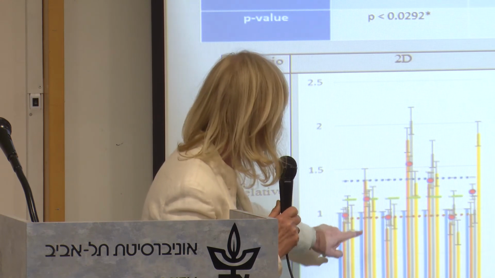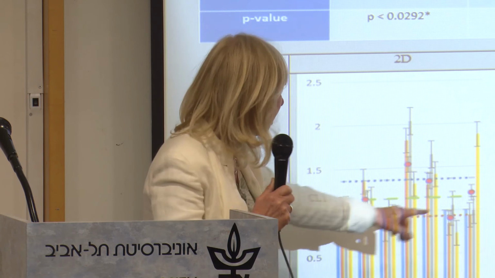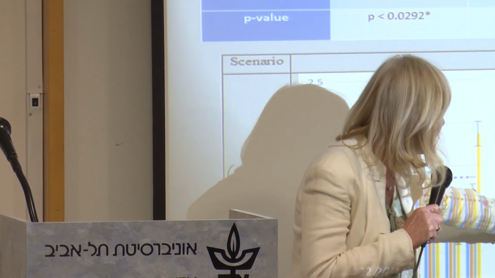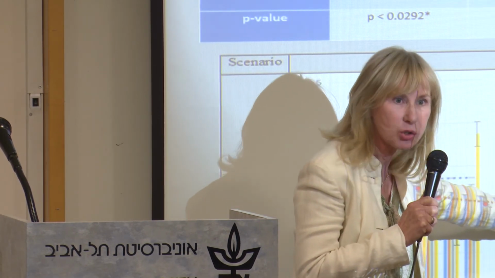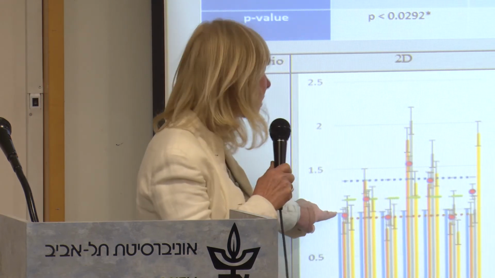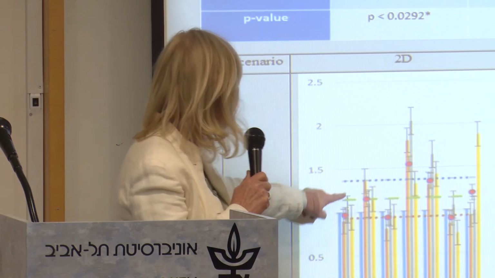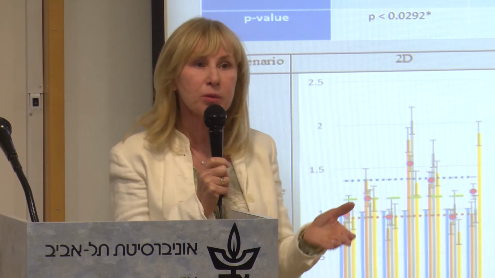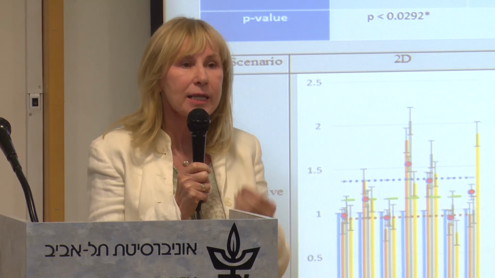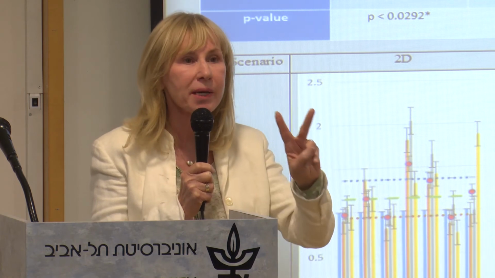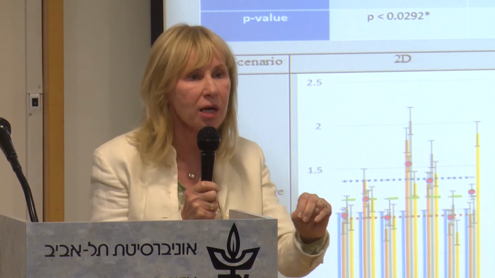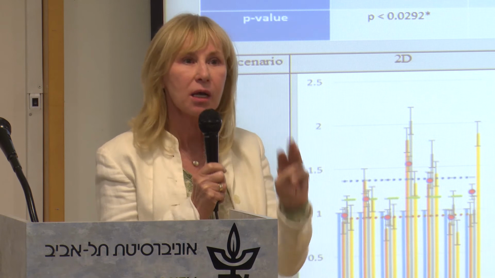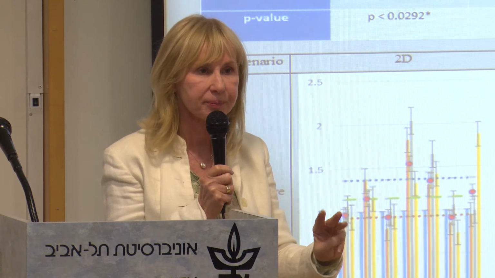And if you look here, the average for 3D is about 0.8 units. If you look here, the average is about 0.1. So 0.8 versus 0.1, that's the difference. The mental load in 2 dimensions is significantly higher than in 3 dimensions.